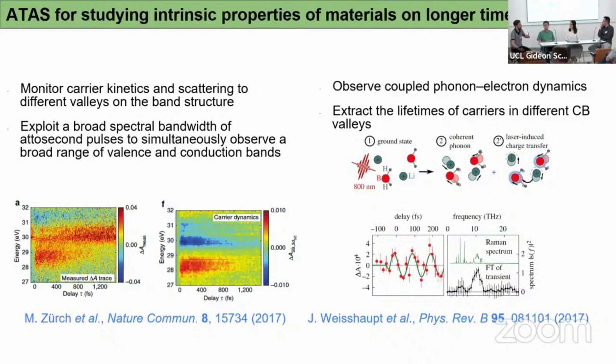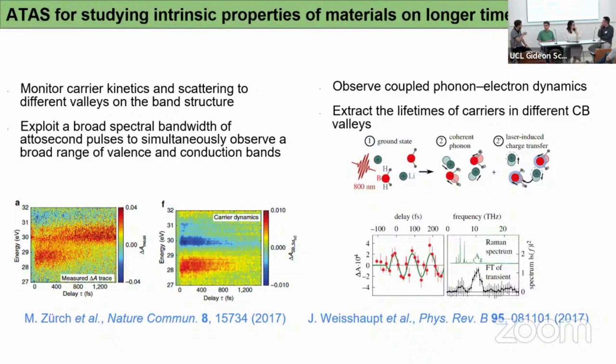And also to look at the dynamics of your system, of your solid, that are just initiated by the intense pump pulse. These are two examples. In this case, the real advantage of Attos is, as I mentioned earlier, the fact that you're using this very short and therefore very broadband pulse that allows you to look at the dynamics in a very broad set of energy states, a very broad set of bands, as shown, for example, in this paper here.